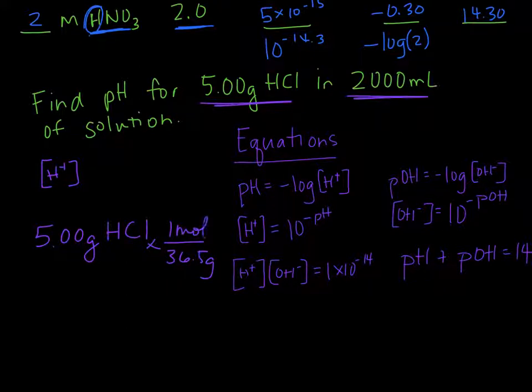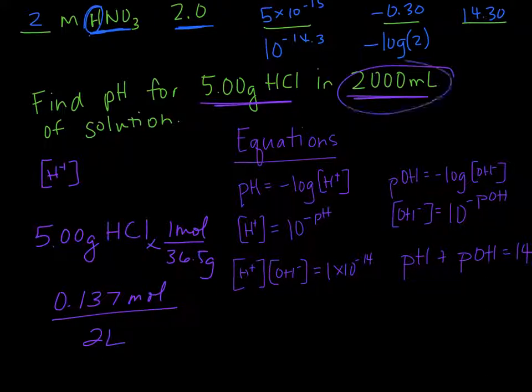That's the molar mass. And if I take 5 and I divide by 36.5, I get 0.137. So there's 0.137 moles in 5 grams. And then I have to divide that by 2 liters because 2,000 milliliters is equal to 2 liters.